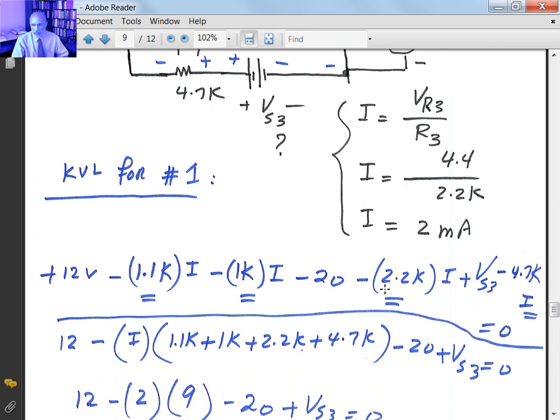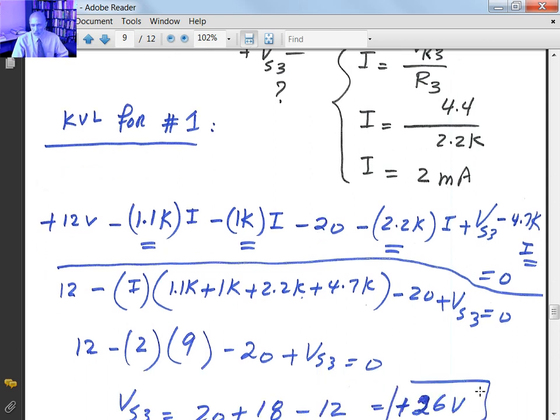You can factor out I for all of them. So it'll be 12, current I times 1.1K, 1K, 2.2K, and 4.7K, then you're left with minus 20, and then plus V_S3 has to be equal to 0.